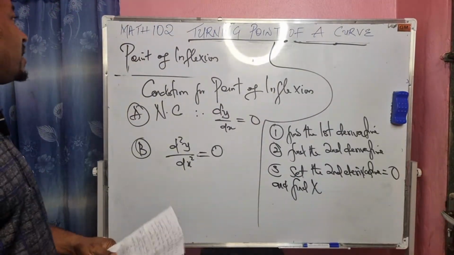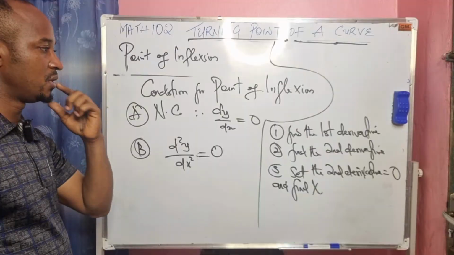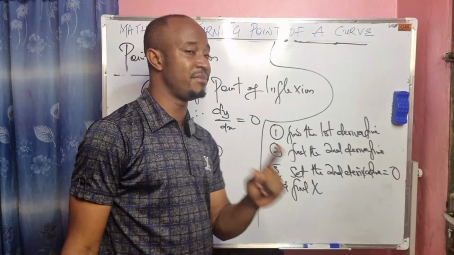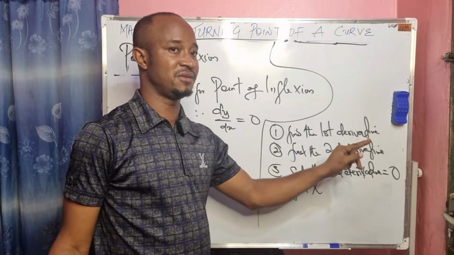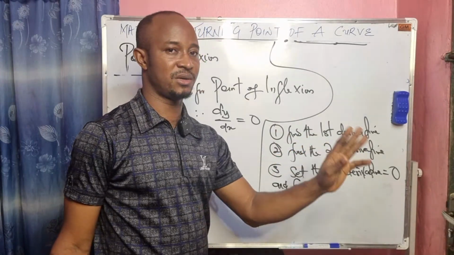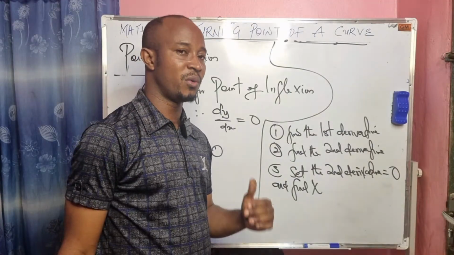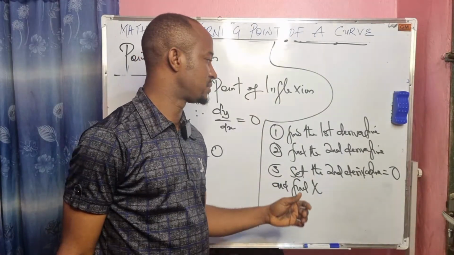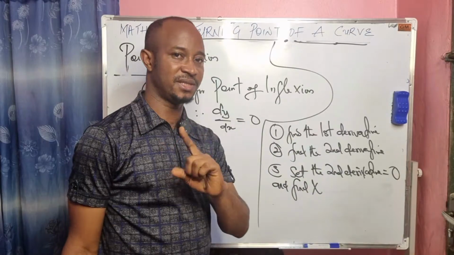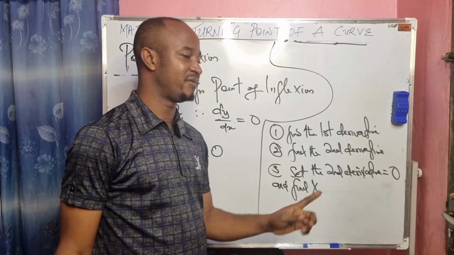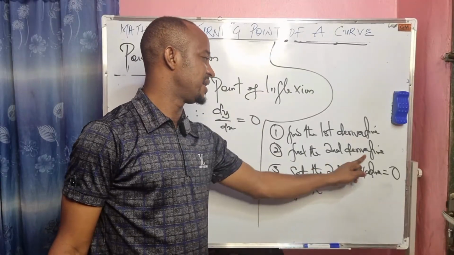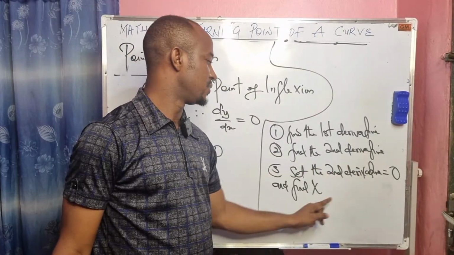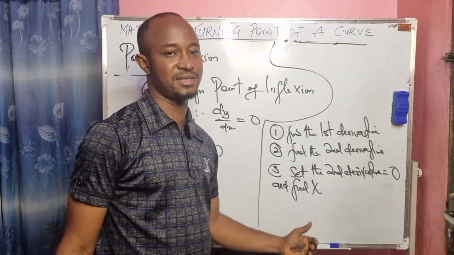Don't forget that under minimum and maximum turning points, the first thing we do is find the first derivative, set it equal to 0, then find x. But when it comes to a point of inflection, we find the first derivative function, find the second derivative function, then set the second derivative function equal to 0 and find x.